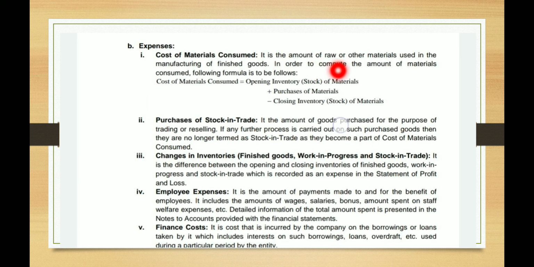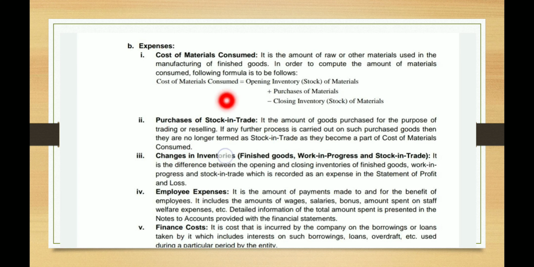To compute the amount of material consumed, the formula is: opening stock, plus purchase of material, minus closing stock. Very simple.